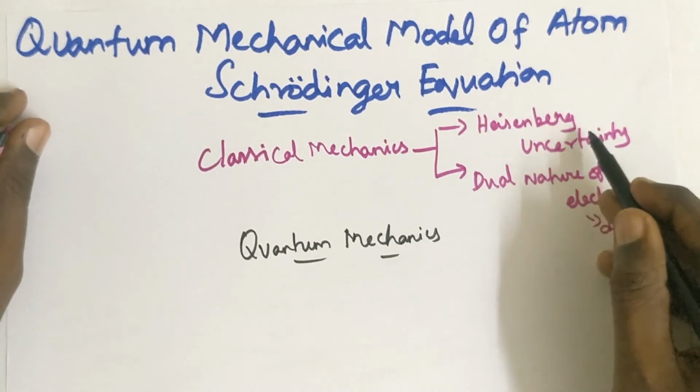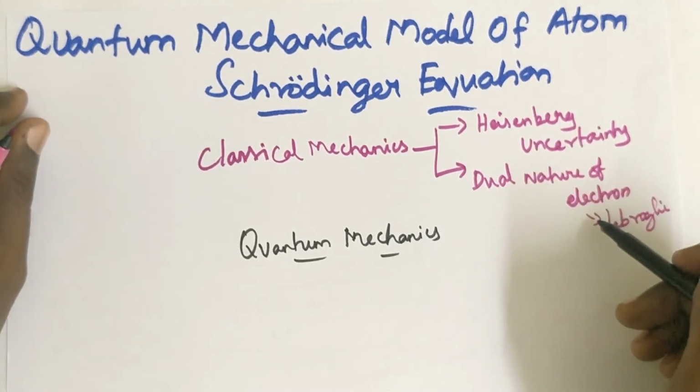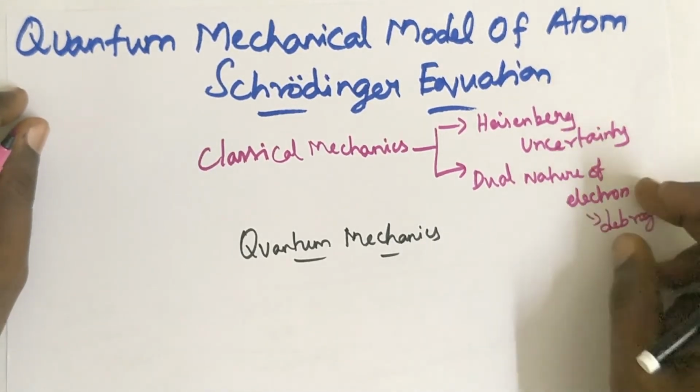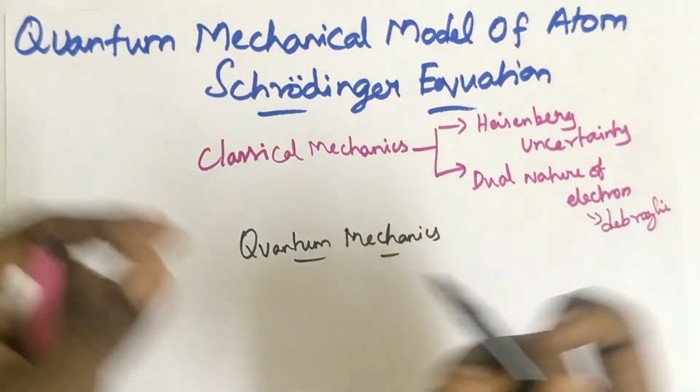So based on the Heisenberg uncertainty and dual nature of electron of microscopic particles, they introduced a new concept called quantum mechanics.